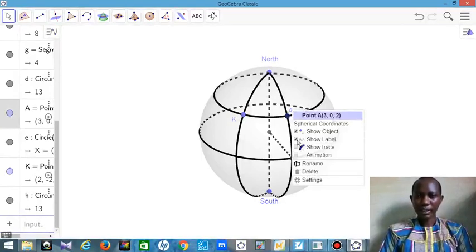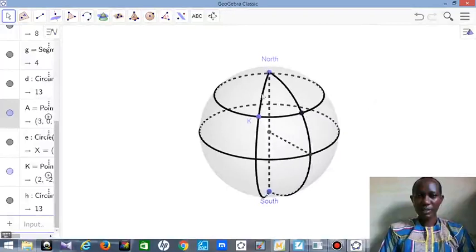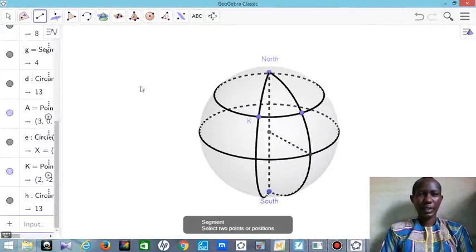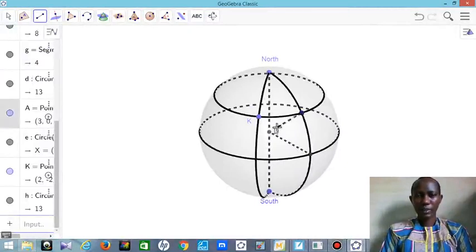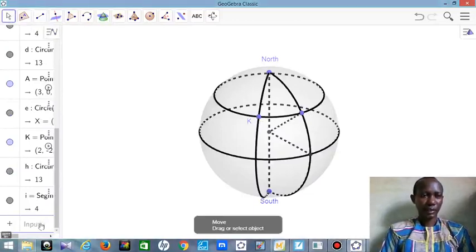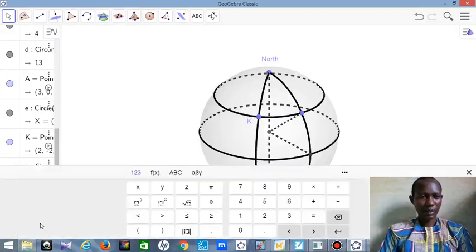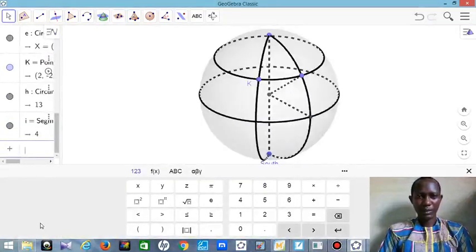Let me hide it, I don't need it. Then let's put the other angles that we will need. So we have our line from the point to 0. Then we need our small radius line, which is this.